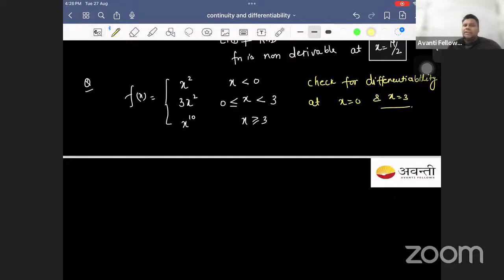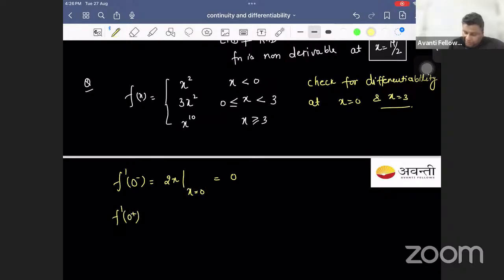See, sometimes we can directly differentiate the function and give the conclusion. See, f dash 0 minus. Before 0, the definition of the function is x square. If you differentiate it, it will be 2x, and the value of 2x at x equals 0 is 0. So the left hand derivative is 0.